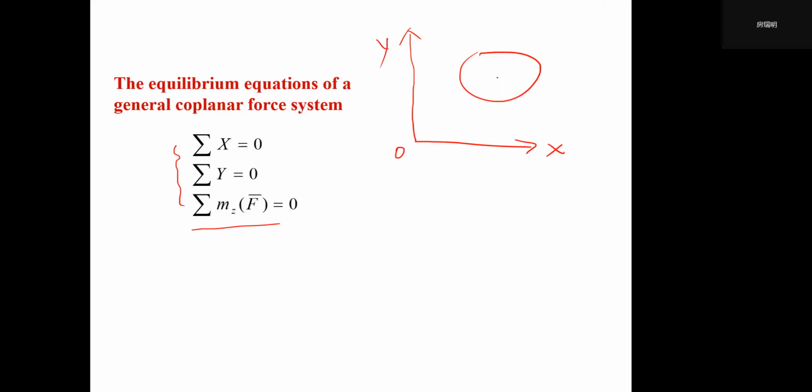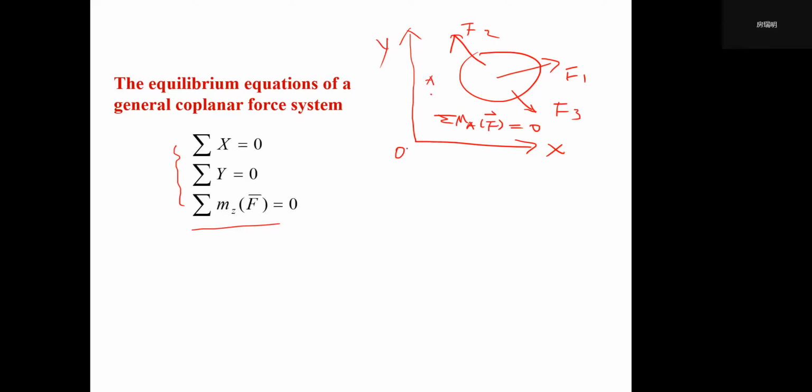If this object is under some general coplanar force system and in equilibrium, that means we can select any point on this plane and write MA(F) equals 0.